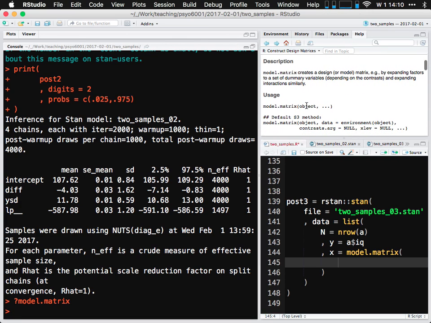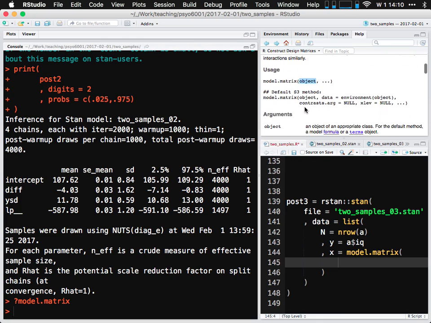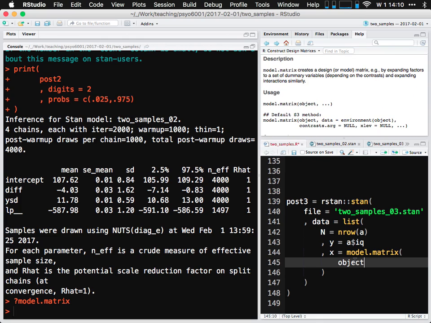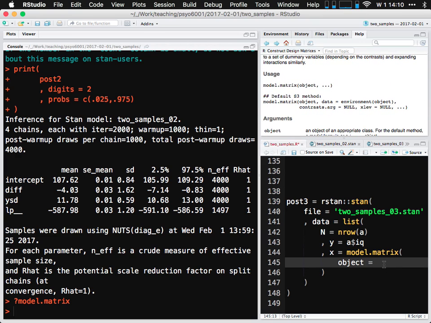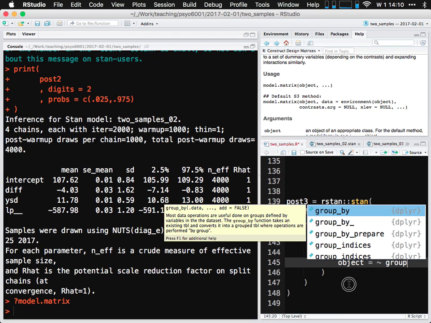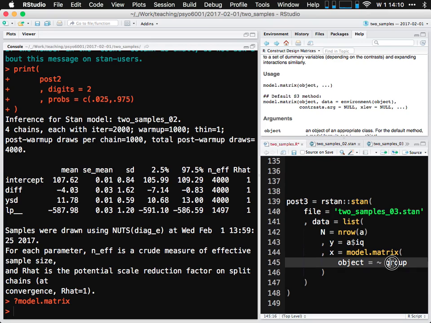This model matrix function is a function that, well, the only named thing here is called object. You can take a look at the help. It's not super useful without examples, so it's best described by example. This object needs to be a formula, so it starts with a tilde, and you express it as the names of columns within the data set that you want to refer to.